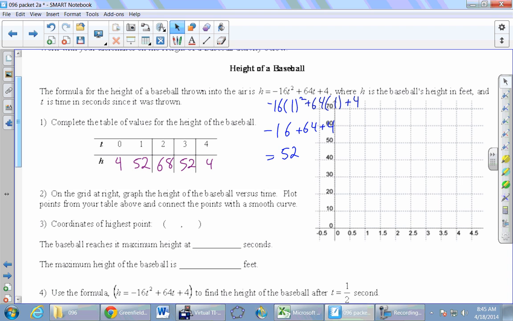So 1 second after you release this baseball, it's 52 feet off the ground. 2 seconds after you release the baseball, it's 68 feet off the ground. 3 seconds, it's back at 52, which means what happened to the baseball? It's on its way back down, right? Okay, so what I'd like you guys to do is plot those 5 points over here on these axes.